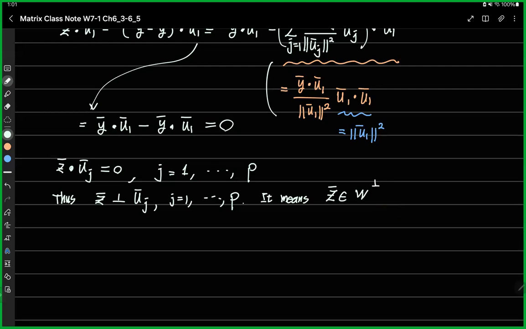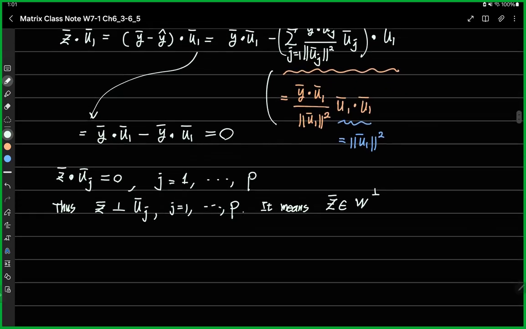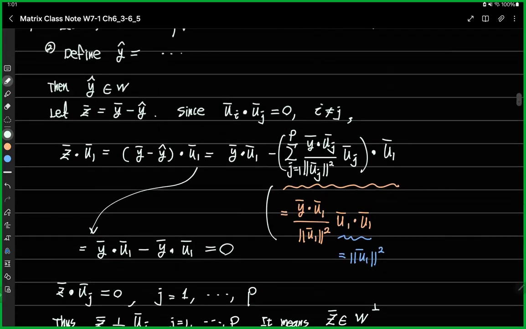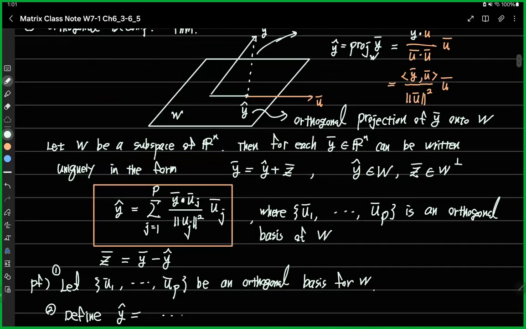Now next, I'm going to show the uniqueness of that decomposition. We just decomposed the vector y as the sum of two vectors in W and W complement, so that expression is unique.